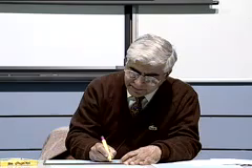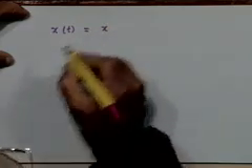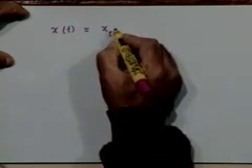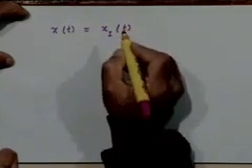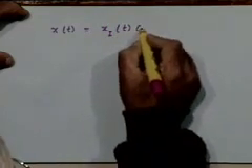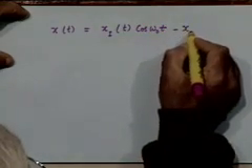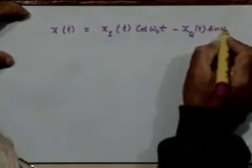Any questions? Okay, let me explain again. I am saying that for any bandpass signal x of t, we have found a representation. Let me slightly modify the notation here. Let me call the real part x_I(t), into cosine omega naught t, minus x_Q(t) sine omega naught t.